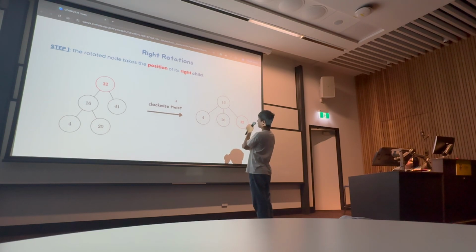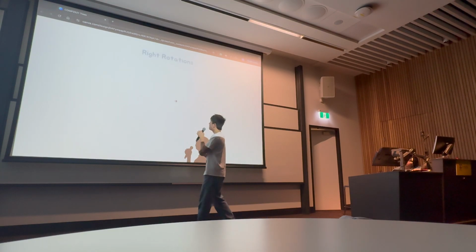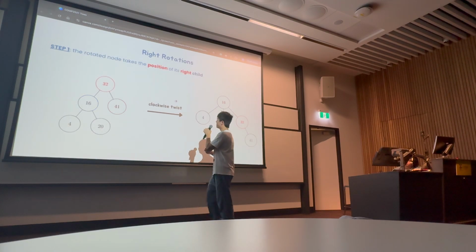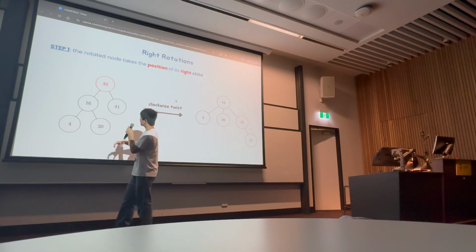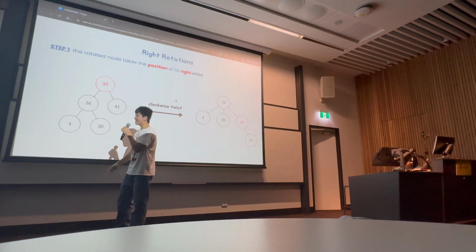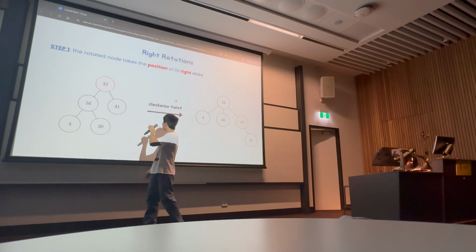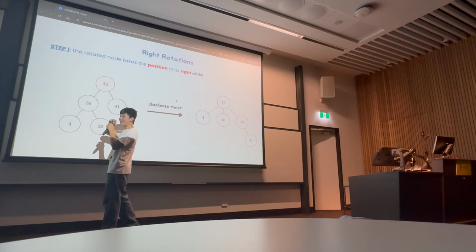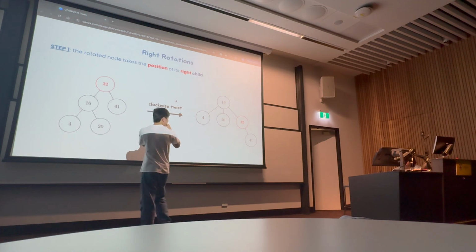So let's first start with a right rotation. Let's say we want to rotate this to the right. It's probably better to think of it more like clockwise, because if I think about twisting it to the right, it's kind of hard to think about.